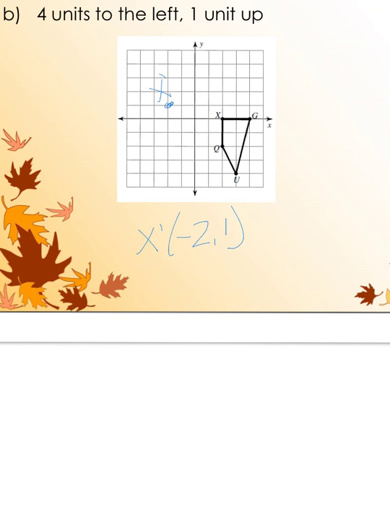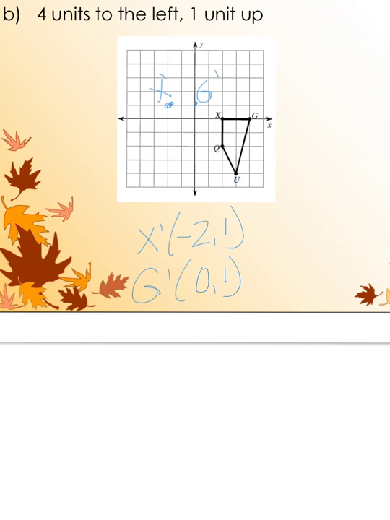G, 4 units to the left. 1, 2, 3, 4, up 1. So we have G prime. Careful labeling this one. Starting at 0, 0, we don't go left or right, we go straight up. So this one is at 0, 1.